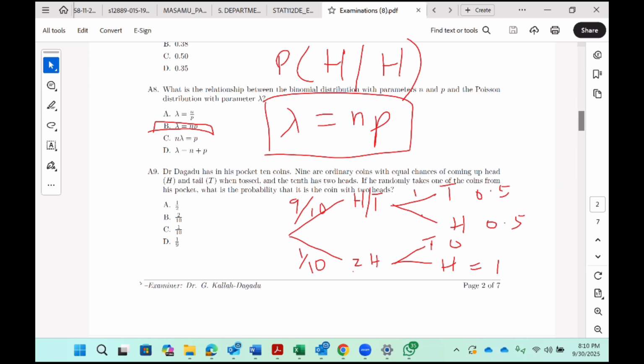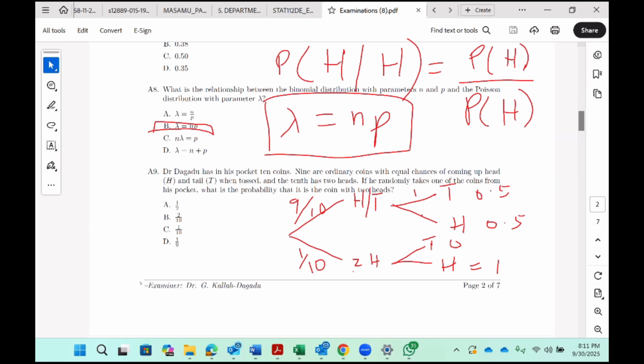So this will be equal to the probability of the two-headed coin and head, over the probability of a head.